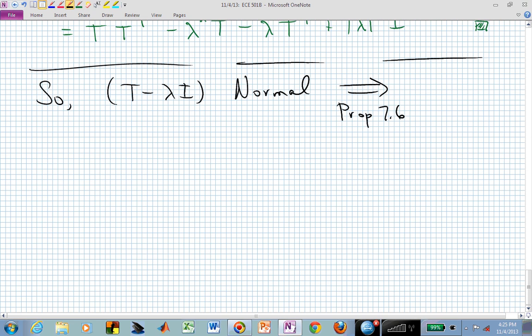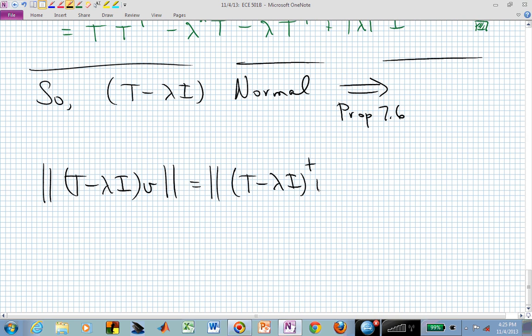Meaning we can now say that the norm of (T minus lambda I) v is equal to the norm of (T minus lambda I) adjoint v. That's by Proposition 7.6.